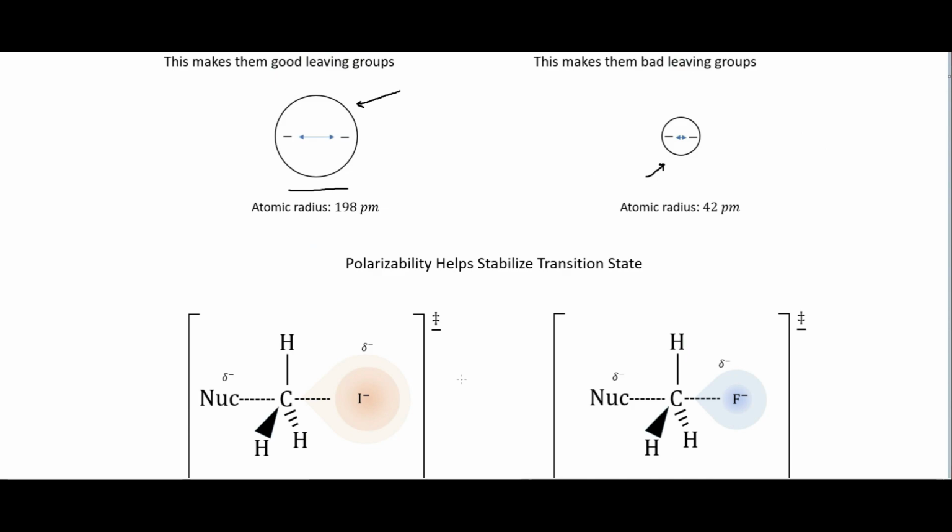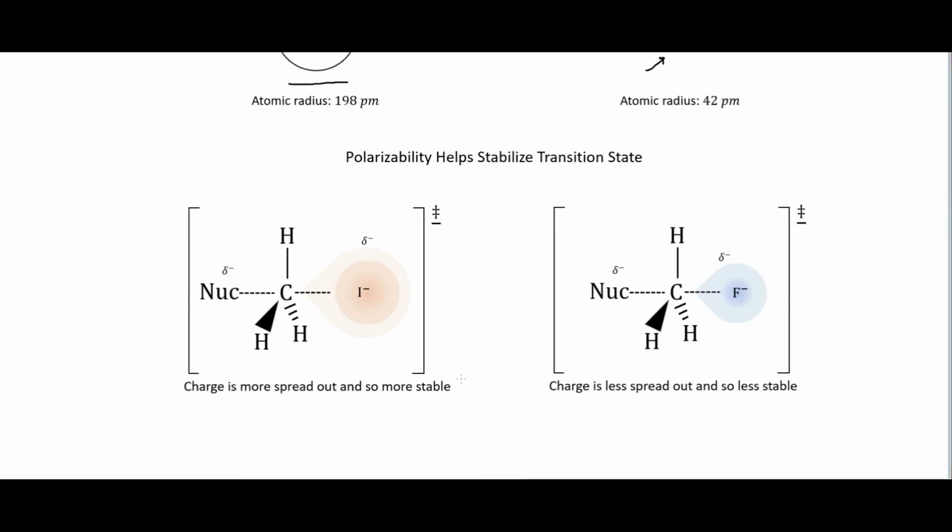And that goes to the polarizability that helps stabilize the transition state, where we have our nucleophile on the carbon here. With a larger ion like this iodide, the charge is more spread out in this larger cloud, and it helps stabilize this transition state.